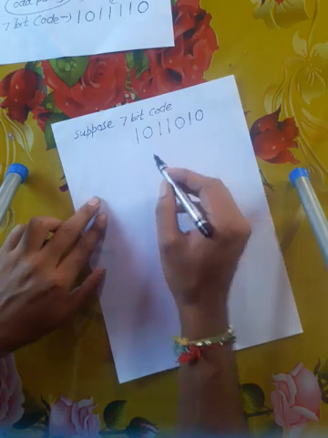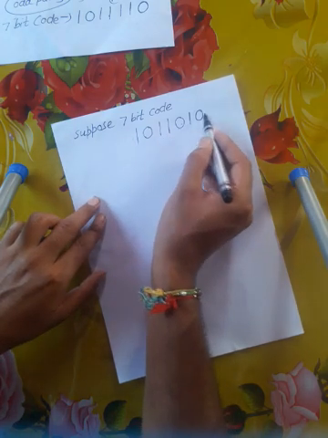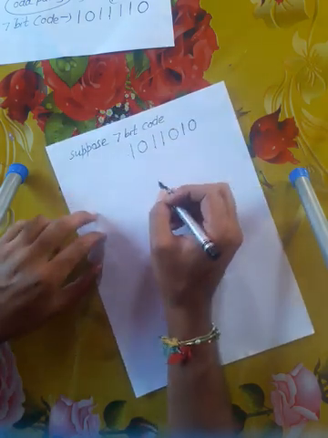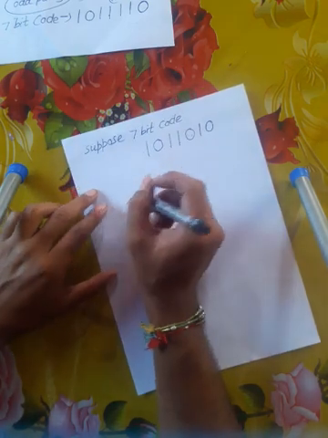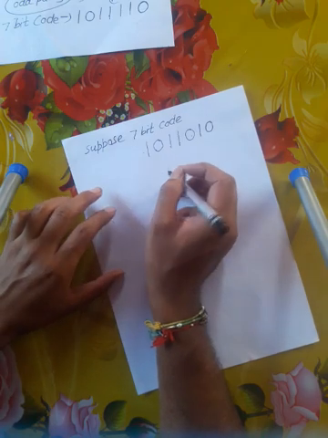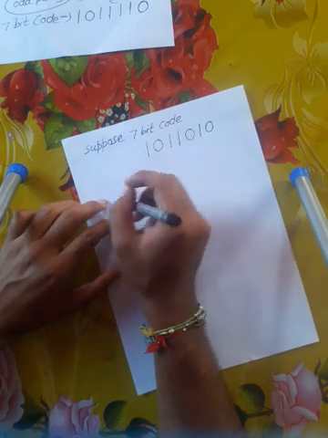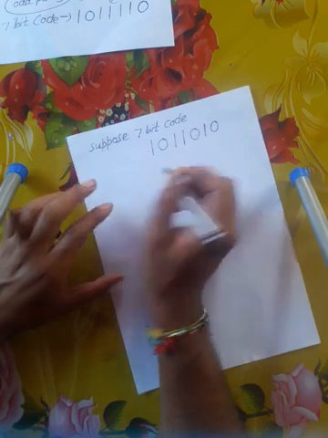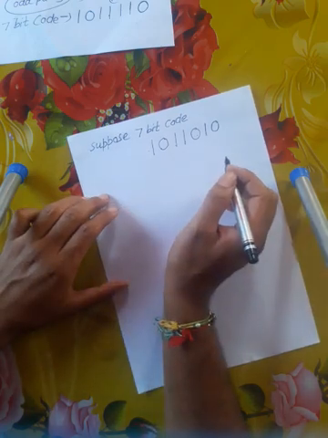Suppose this is your 7-bit Hamming code and you have to check whether this code is correct or not. If not correct, correct it and determine the correct code.